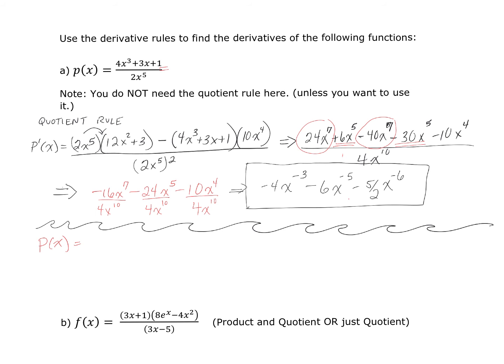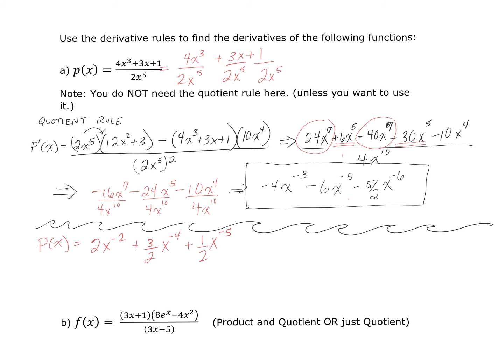And in order to do that, I'm going to take each one of these terms and divide by 2x to the 5th. So p of x, before I take the derivative, is going to give me 2x to the negative 2, 3 halves x to the negative 4, and 1 half x to the negative 5.